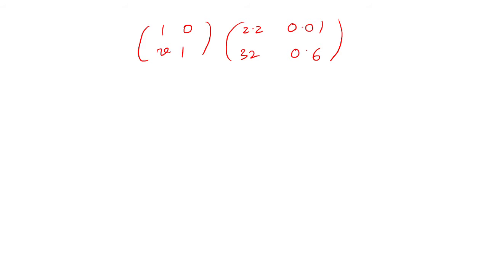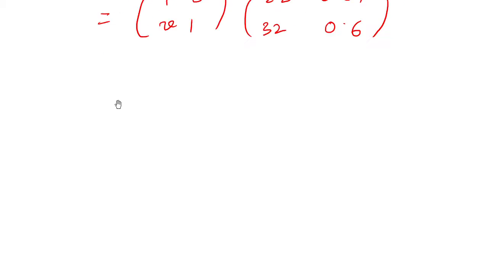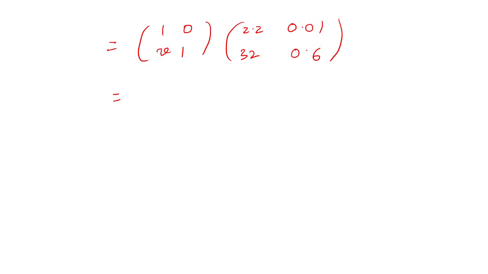Right? That's going to be the net matrix going from object all the way to the image. So if I finish this multiplication as well, I'm going to get something like 2.2, 0.01. Then I'm going to get 2.2v plus 32.6 plus 0.01. This is going to be the total system matrix going from object to the image.